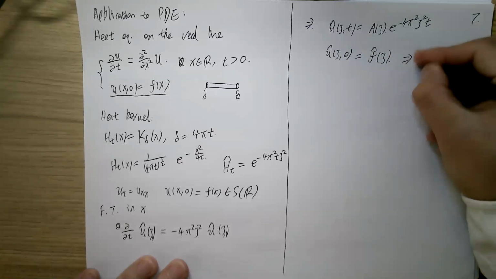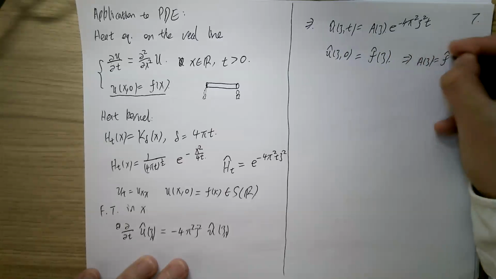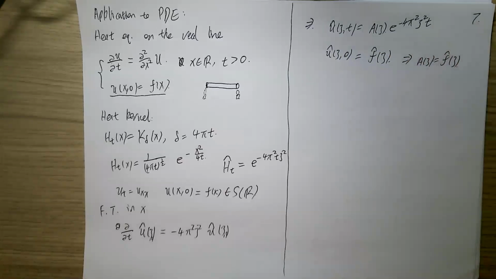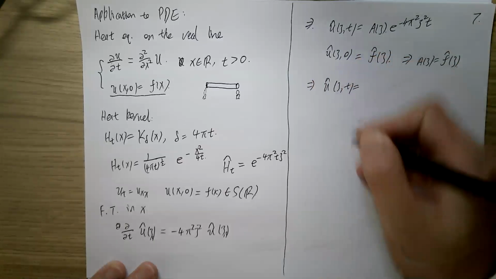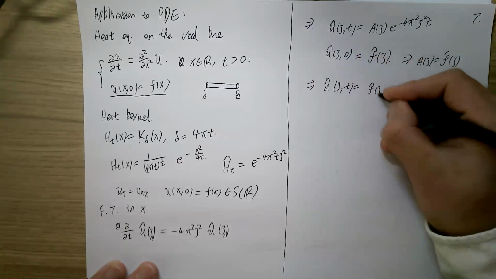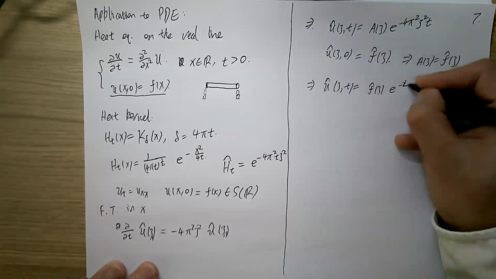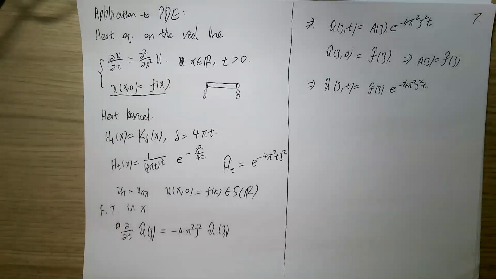So A(xi) equals f hat of xi. So u hat of (xi, t) should equal f hat of xi times e to the power minus 4 pi squared xi squared t. Great. If we know this, then how can we find u?